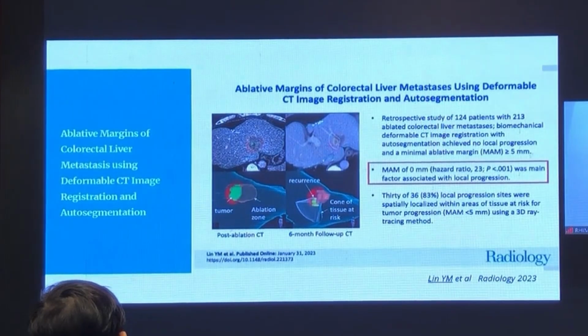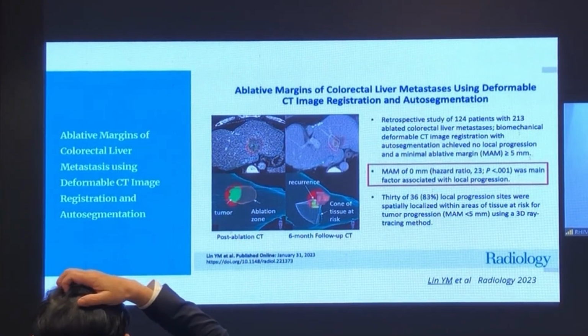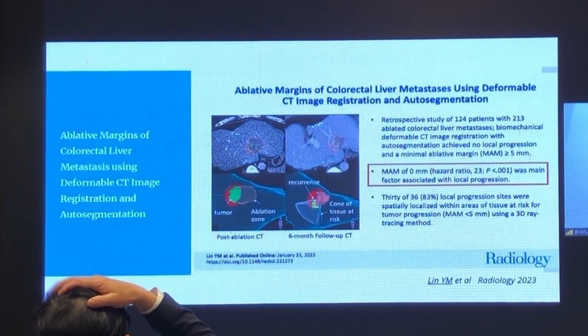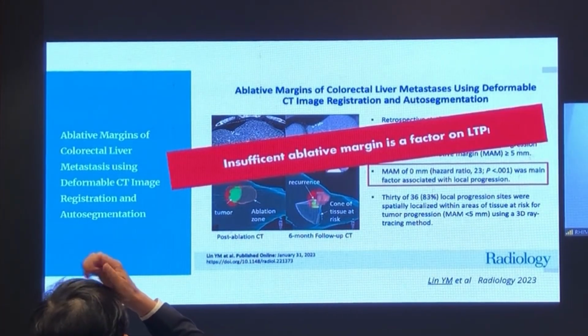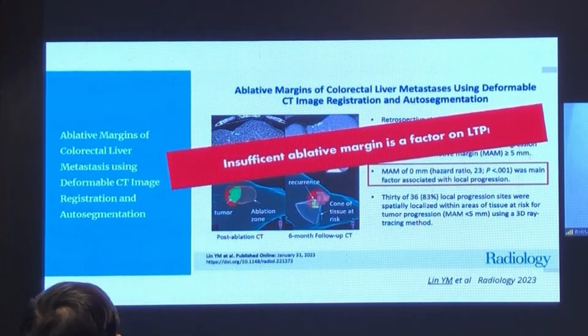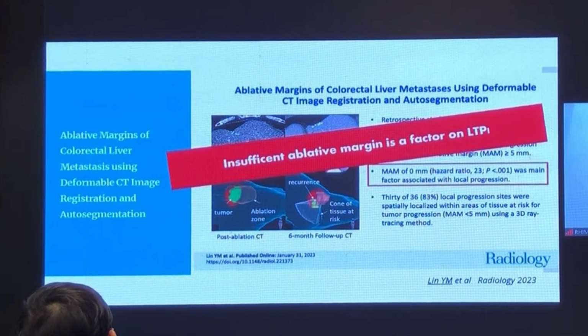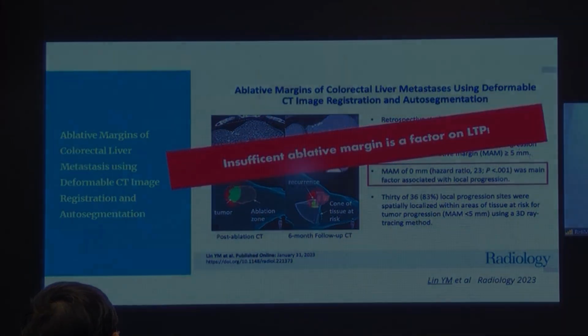And also a recent study from China demonstrated that minimal ablative margin of 0 millimeter was the main factor associated with local tumor progression. So again, insufficient ablative margin is a factor in local tumor progression. But does local tumor progression really matter for survival?